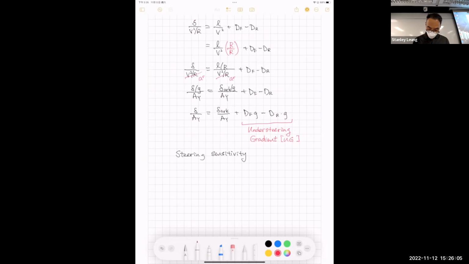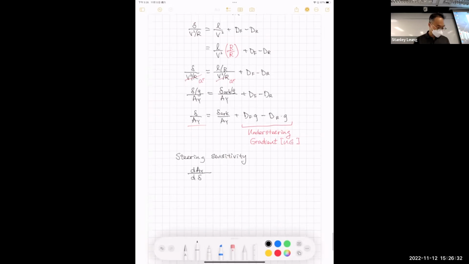Okay, so now we have this term. Just like your d del, or I should reverse it, change with the side force, change with your steering, which equals 1 over the whole thing: del Ackerman over AY plus steering gradient.